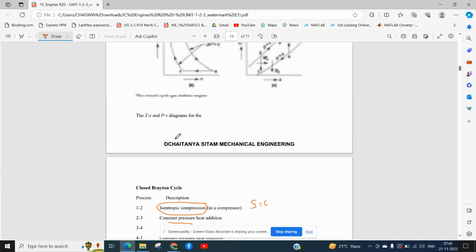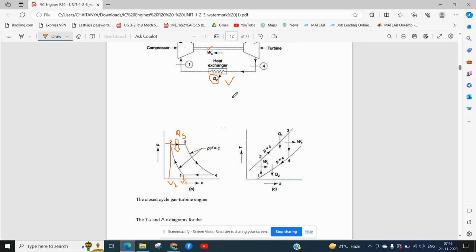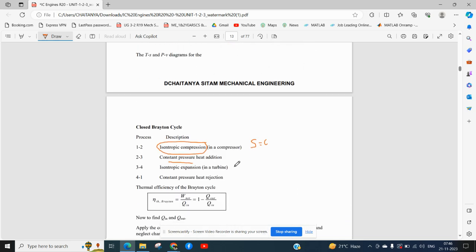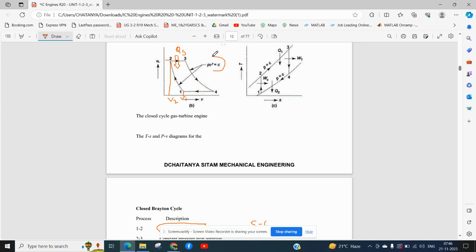Next, from 3 to 4 there is a working device called the turbine. The turbine is mounted on a single shaft, where the compressor and turbine lie on the same shaft. PV to the power gamma is equal to C for the reversible adiabatic processes 1 to 2 and 3 to 4. The work is done by the turbine, which is the expansion device.